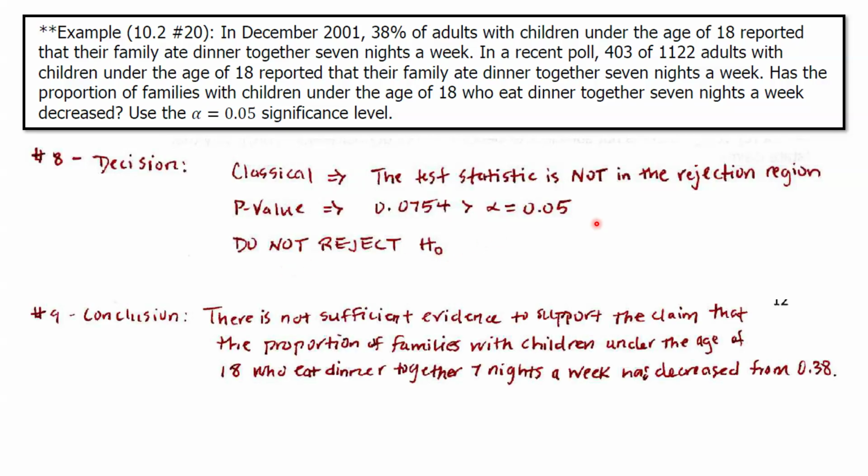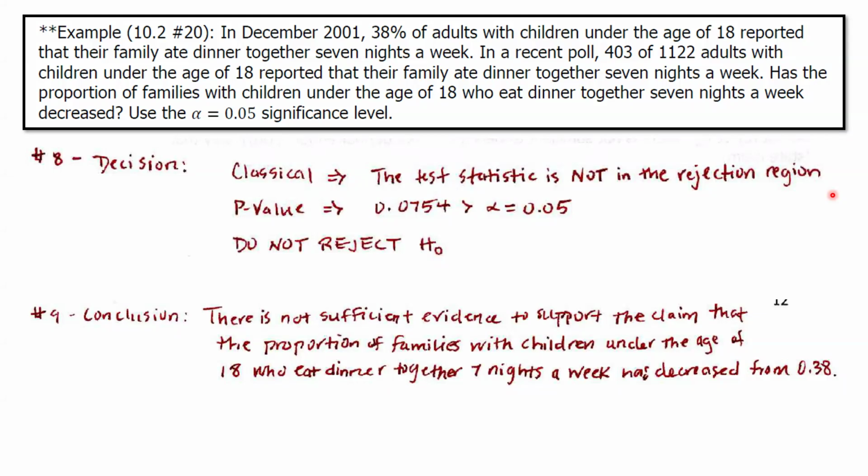So for our conclusion, we are going to state that there is not sufficient evidence to support the claim that the proportion of families with children under the age of 18 who eat dinner together 7 nights a week has decreased from 0.38.